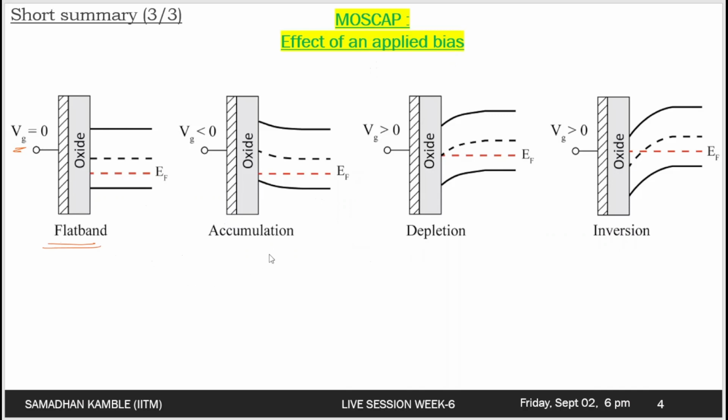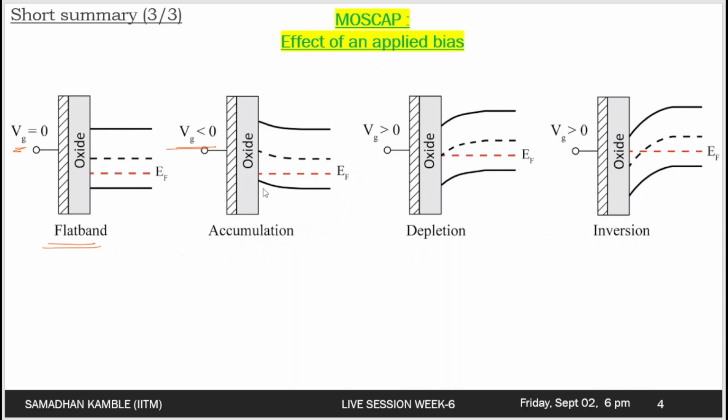This particular condition is called the flat band condition. Considering the second configuration, when we apply Vg less than 0, so this is negative biasing at the metal side, it lowers the Fermi level in the metal relative to the Fermi level in the semiconductor, and also causes the negative sloping of the energy band, as you can see in the figure.